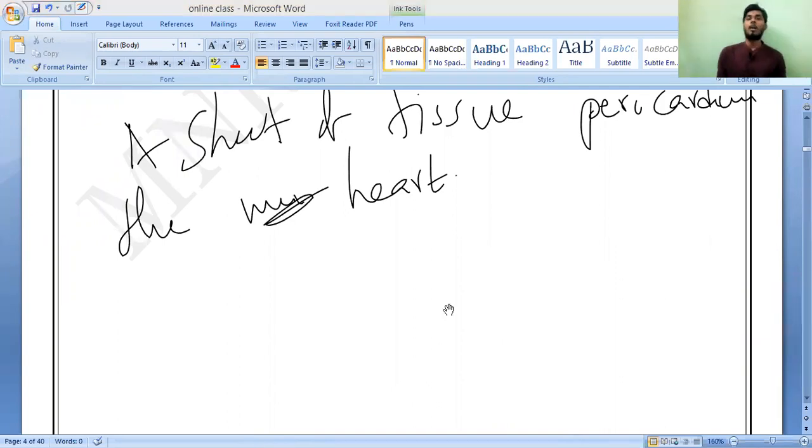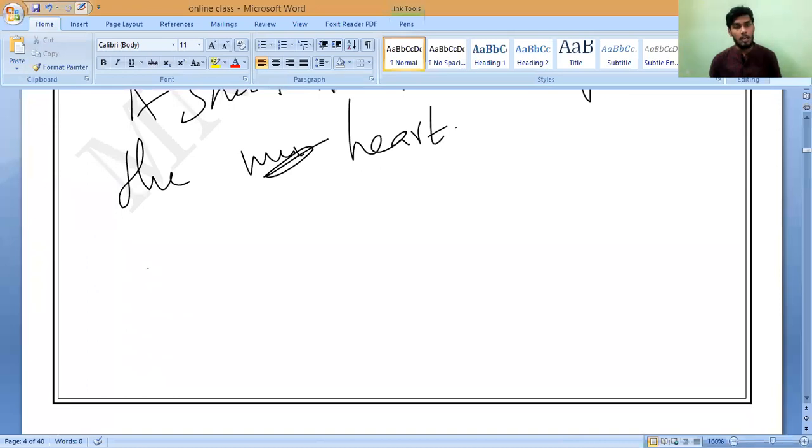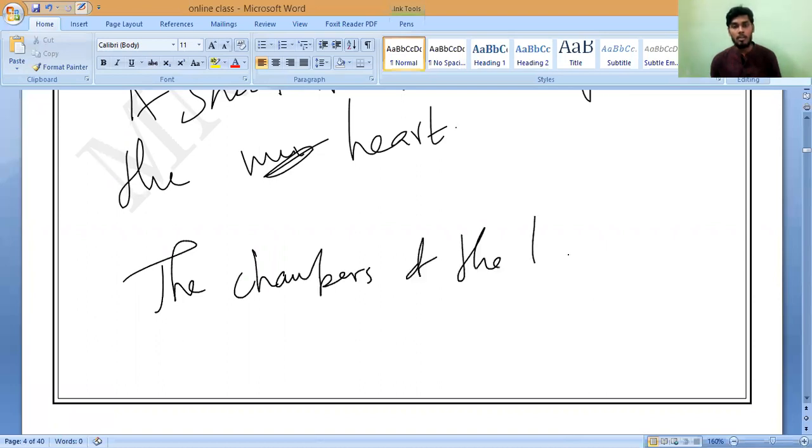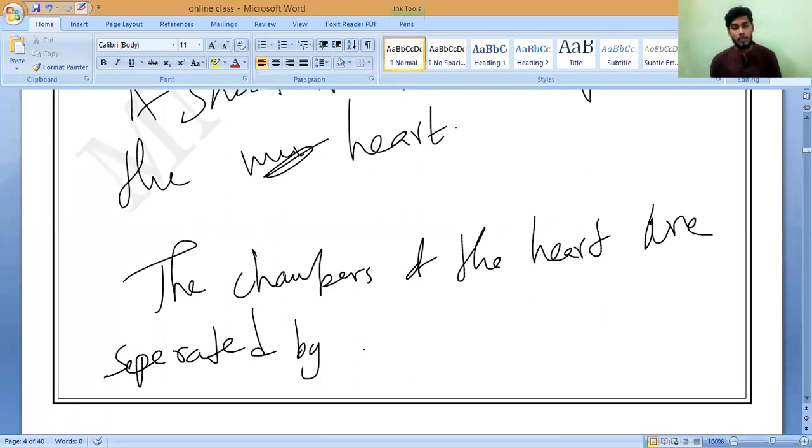The chambers of the heart are compartments. The chambers of the heart are separated by a partition, a wall partition, called the septum.